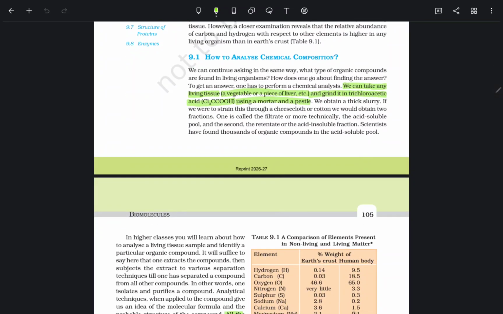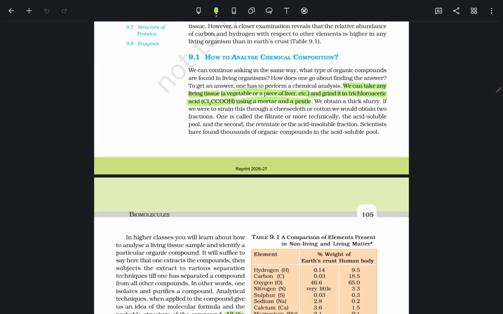How to analyze chemical composition? We can take any living tissue like a vegetable or a piece of liver and grind it in trichloroacetic acid, Cl3CCOOH, using a mortar and pestle. We obtain a thick slurry.